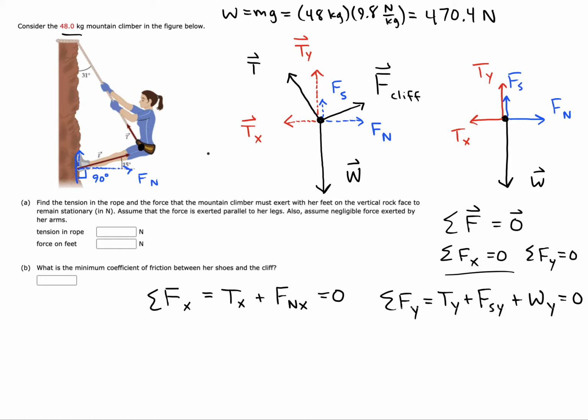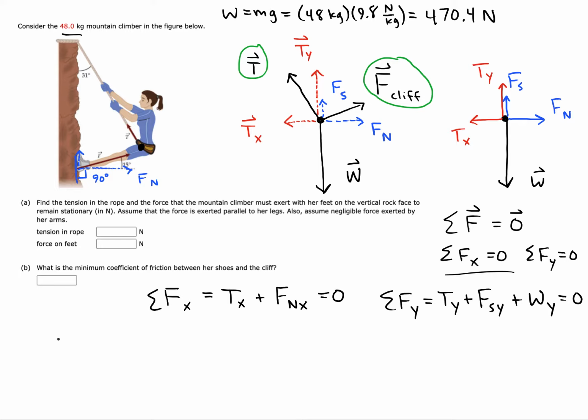So what I'm going to do then is figure out how big the tension is. We'd like to know the magnitude of that, and we'd also like to know the magnitude of that. So what I'll do is I'll rewrite stuff.